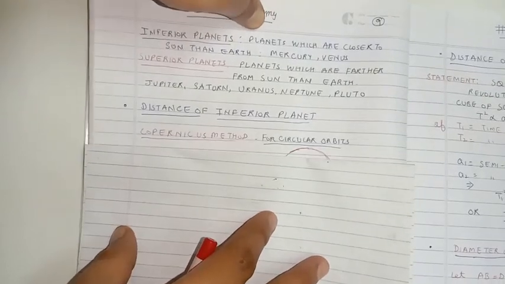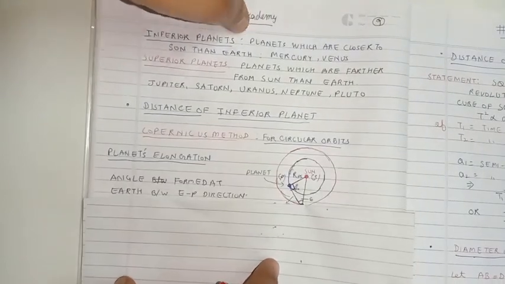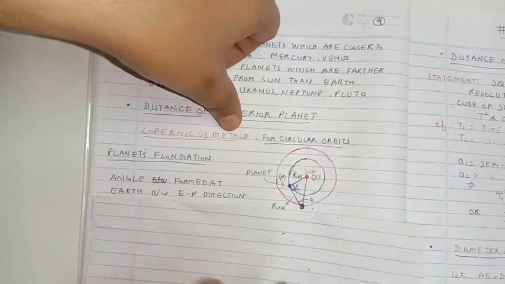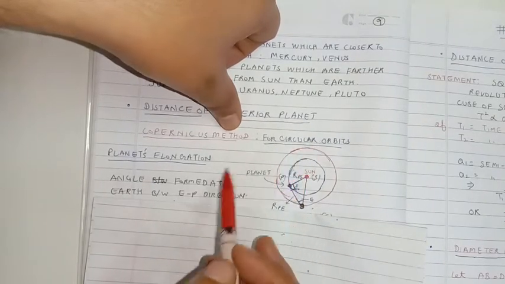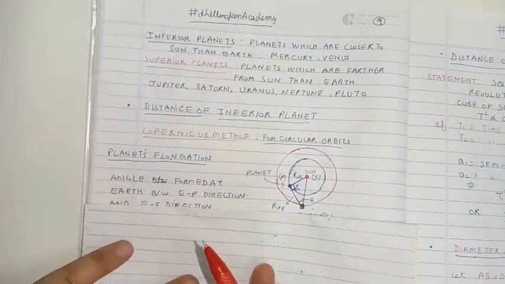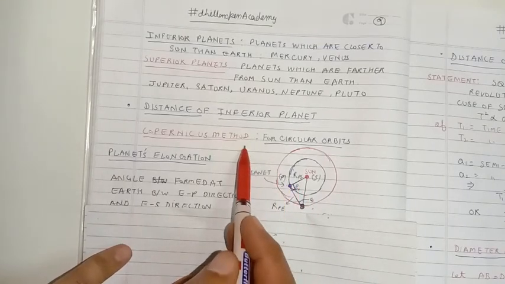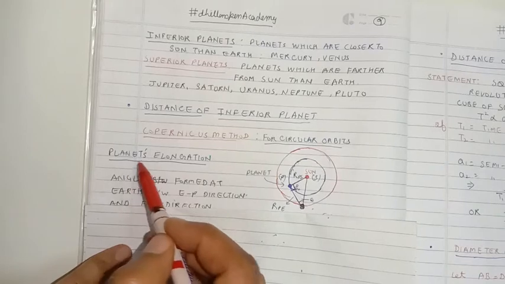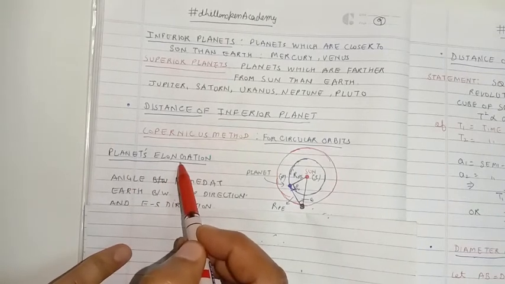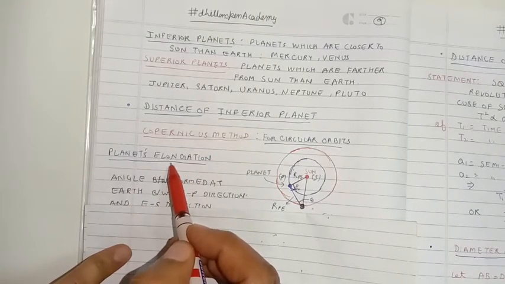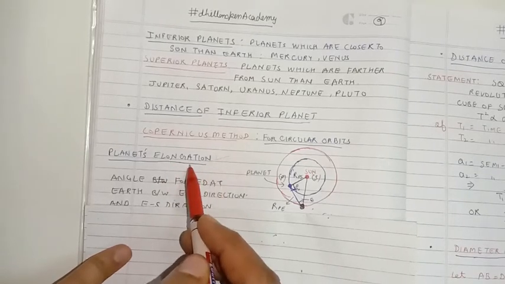First, the inferior planet. This is done with the help of the Copernicus method, but it is valid only for circular orbits, not for elliptical orbits. This method is based upon measurement of the planet's elongation. If we want to find out the distance of an inferior planet, for example Mercury or Venus, first we have to measure its elongation.